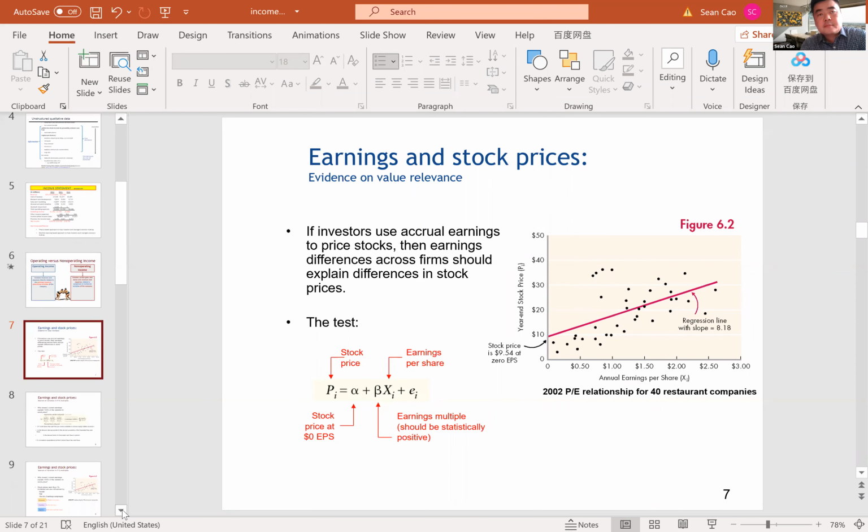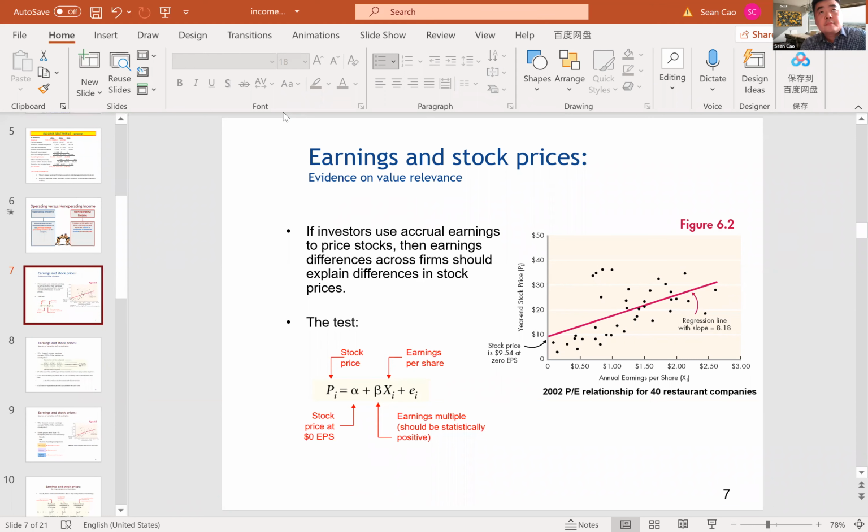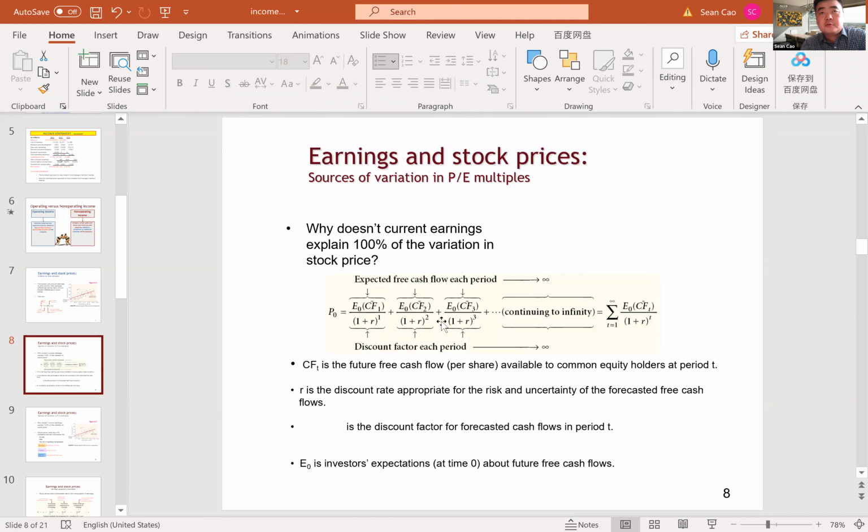Good. Excellent. I saw some answers. Very good. So how do you get the price determined? This is the typical discounted cash flow model. You guys must learn it. Most of you are juniors and sophomores.